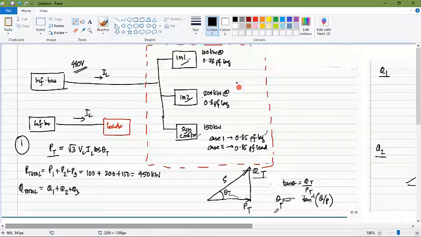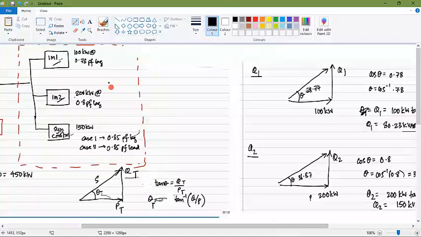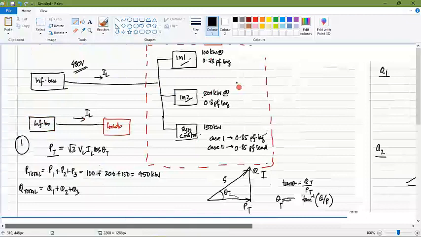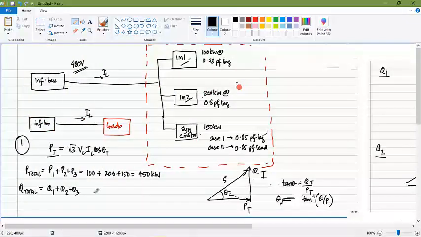Then if you get that, you come and find the total theta. Here we were using the individual theta for each load. Now, having the total real power and the total reactive power, if you use them to calculate theta, that will be the total theta.